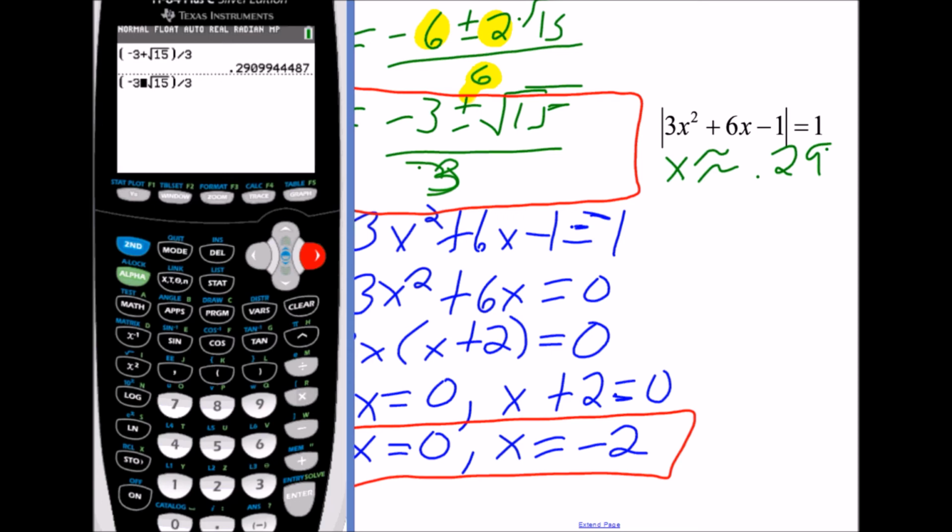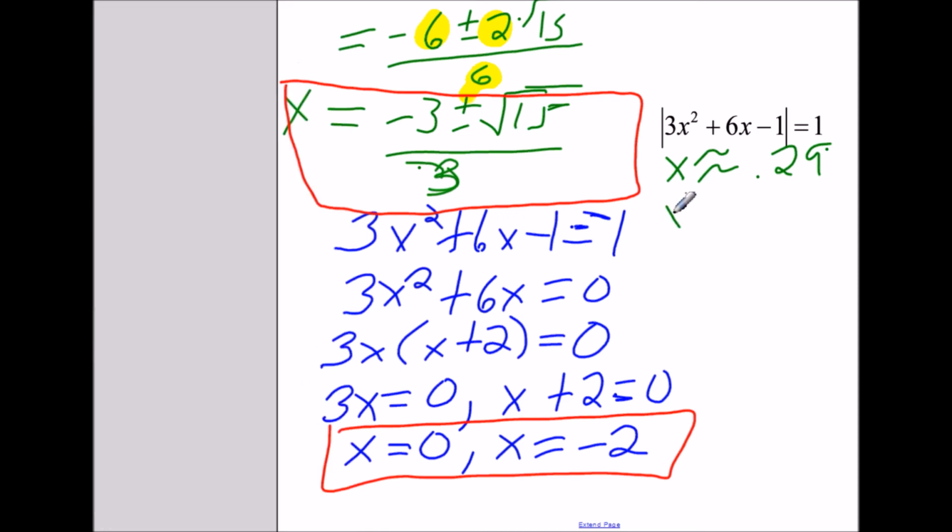I'm trying to make this a subtract. There we go. Square root of 15. Enter. And that gives me negative 2.29. So let me just jot that down. x is approximately negative 2.29. There's a decimal there.